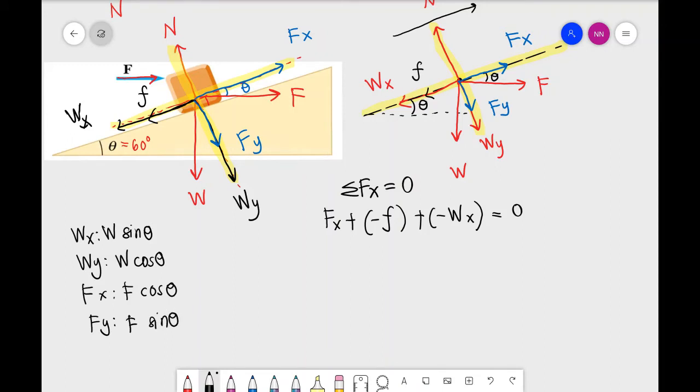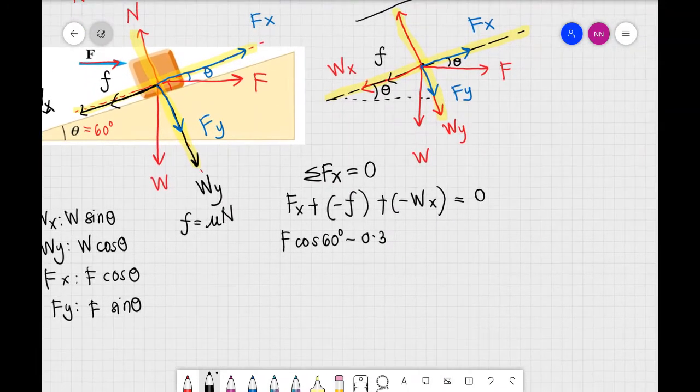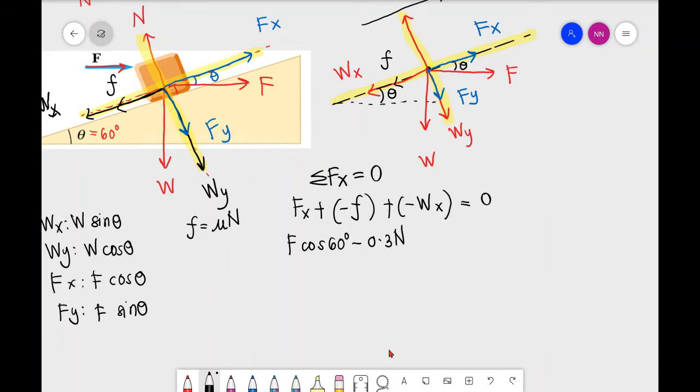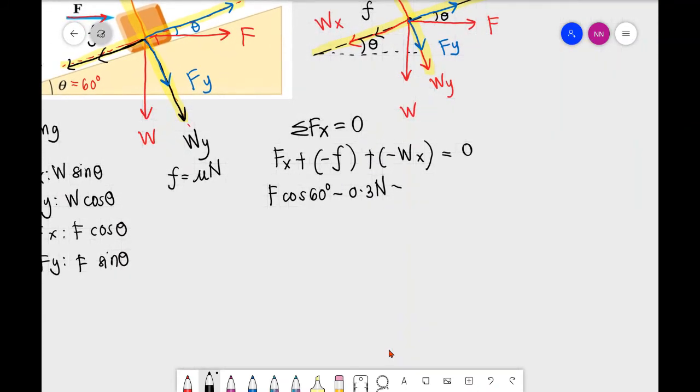So we can substitute: Fx is F cos 60 degrees, and friction is from the formula, friction equals coefficient times normal force, so minus mu, which is 0.3, given, times the unknown normal N. Wx is W sin theta, where W equals mass times gravity, so mass times gravity, sine 60 degrees, equals 0.